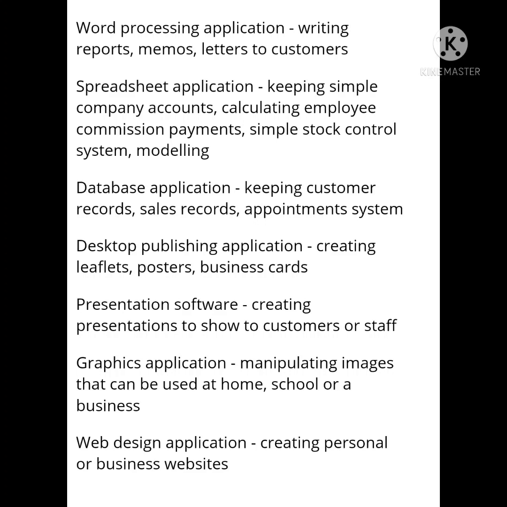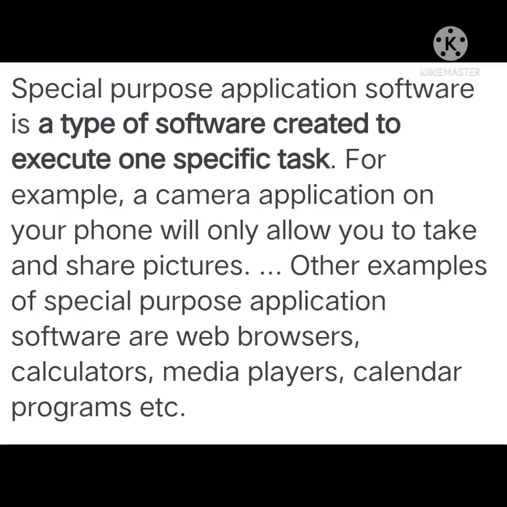Now let us see about special purpose application software. Special purpose application software is a type of software which is created to execute a specific task. For example, a camera application on your mobile phone. Only you are allowed to take and share pictures in it, isn't it? We can't provide access to anyone else.